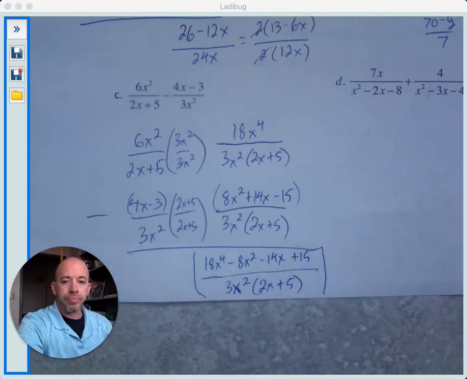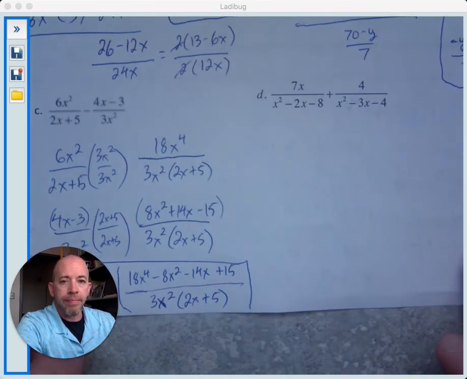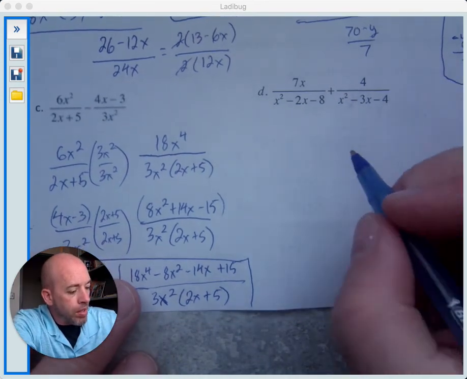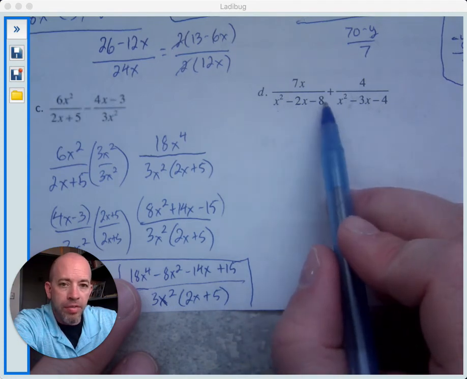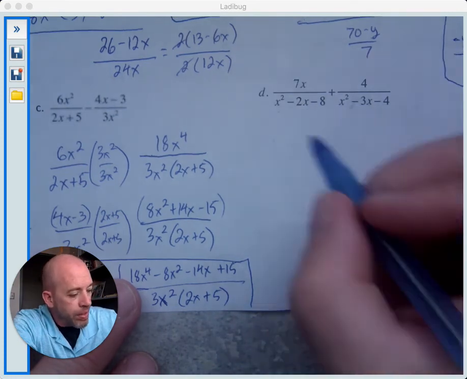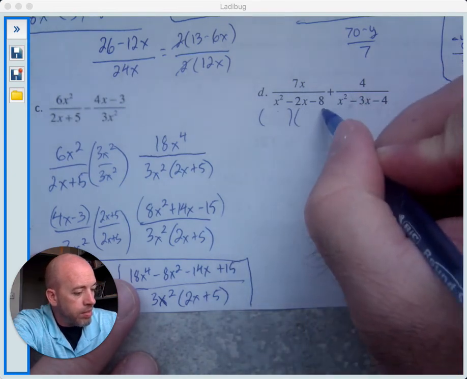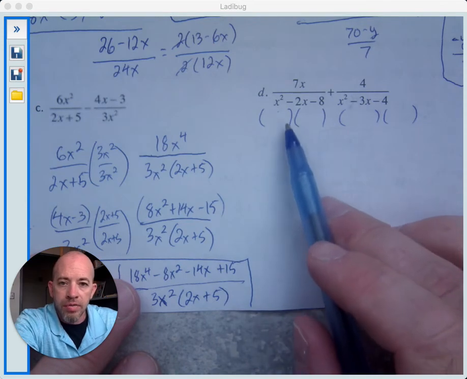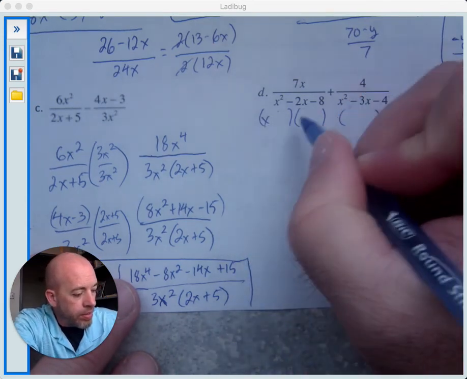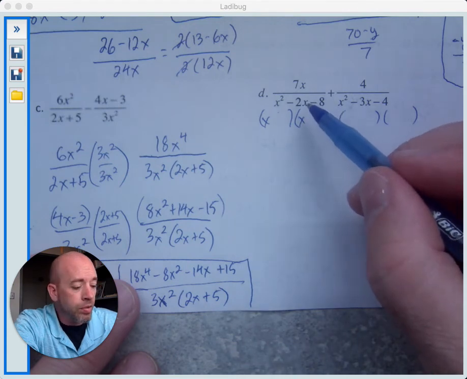Okay. So let's look at another one of these. Here we're adding. I have 7x. Well, I'm going to go ahead and factor the denominators before we go any further. So let's factor the denominators. They're both trinomials that are fairly easy to factor into 2 binomials. So let's see, we have x times x to get the x squared. 2 factors of negative 8 that add up to negative 2.